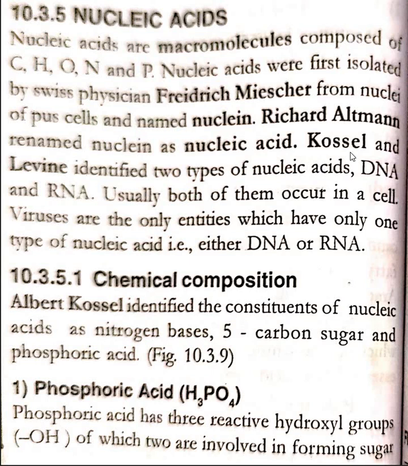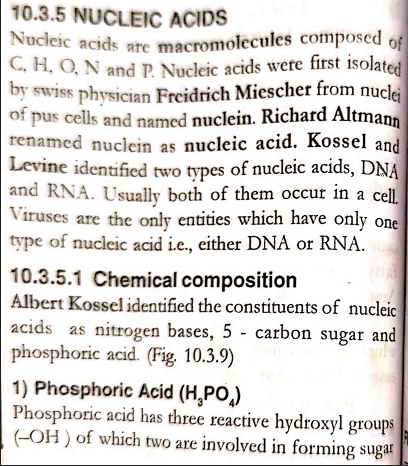Okay, next, Kossel and Levene identified two types of nucleic acids. Already we discussed them: DNA, deoxyribonucleic acid, and RNA, ribonucleic acid. Usually, both of them occur in a cell. RNA and DNA are both present in the cell, but never combined.